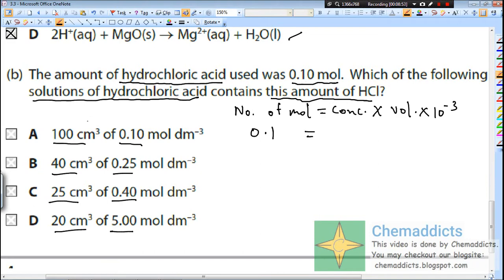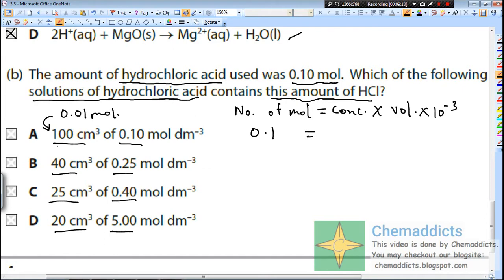So let's check which one should be 0.1 mole after multiplying these two things, since number of moles is equal to concentration multiplied by volume. If we multiply this with this one, we will end up getting 0.01 mole for this particular solution.